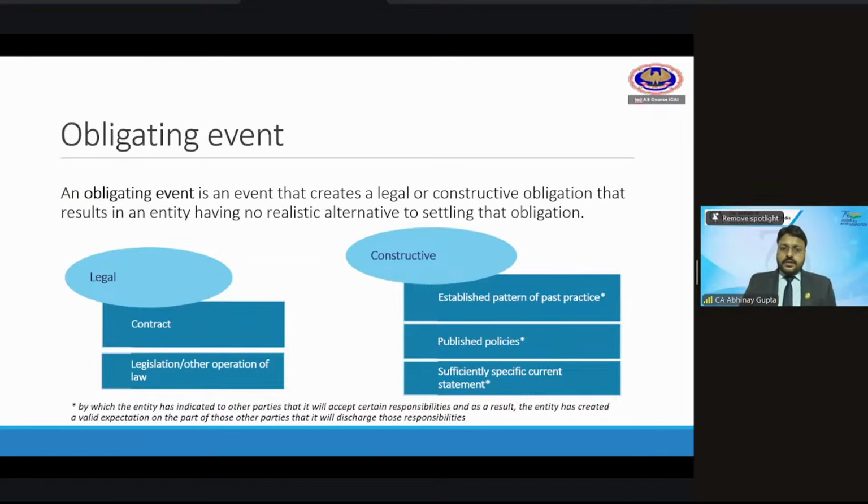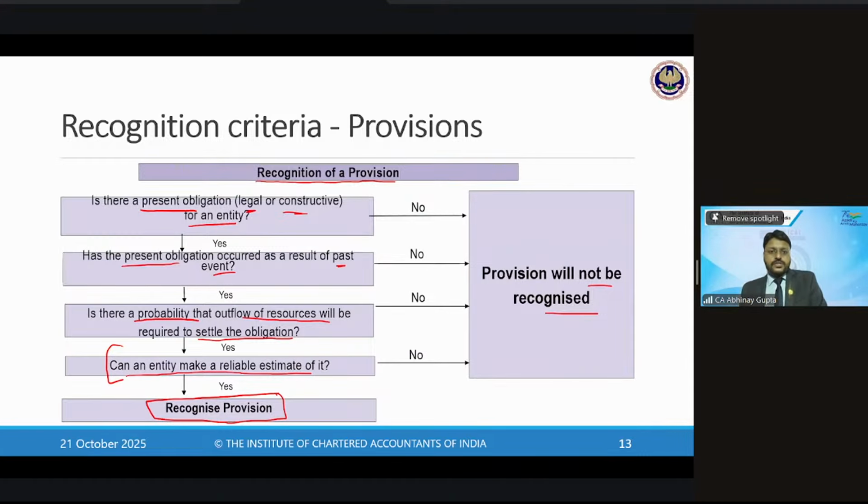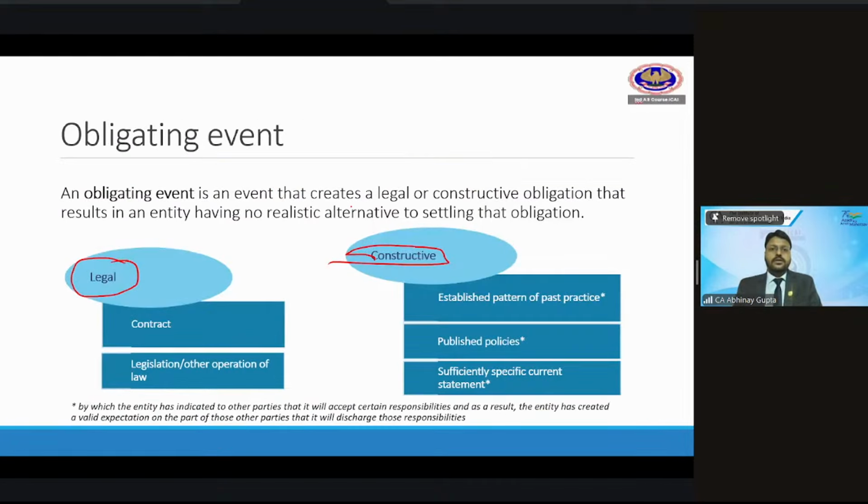Now, there are two types of obligating event: those in the nature of legal, which cast some legal obligation, and those that are constructive. In this chart as well, we saw that a present obligation arises either because of a legal event or from a constructive one. So what does an obligating event mean?